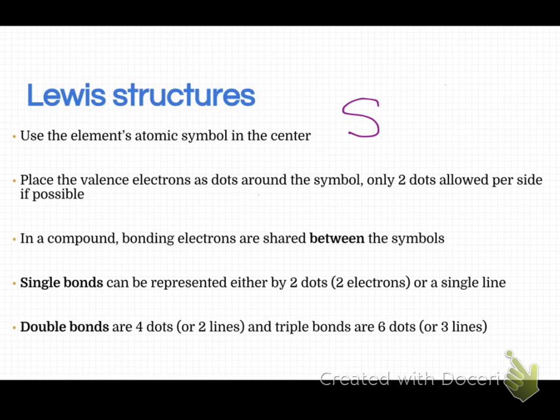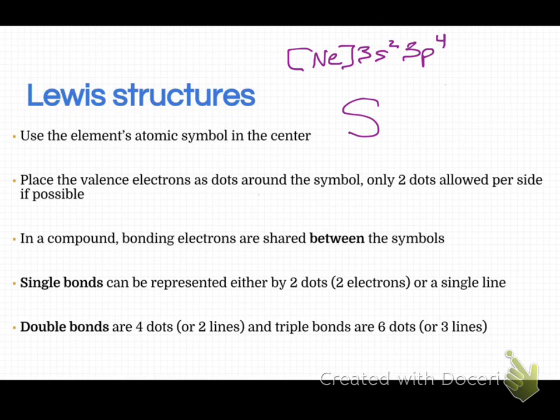I could write the configuration for this to prove that to myself. So let's see, S is in the 3rd period 16th group, so I'm going to go all the way back to neon, like that, and then I go forward 3s2, I jump across to the 3p, and there are 4 boxes there, so 3p4, so 6 electrons.